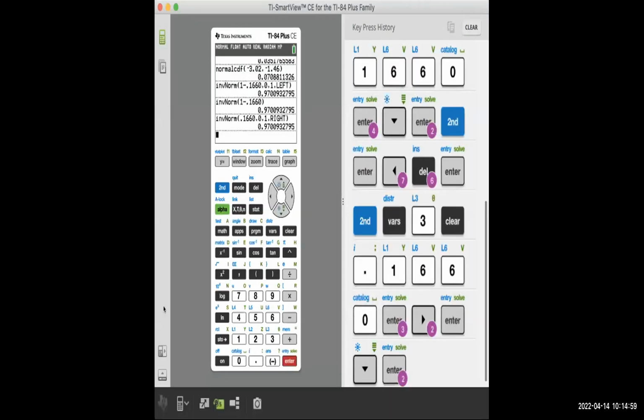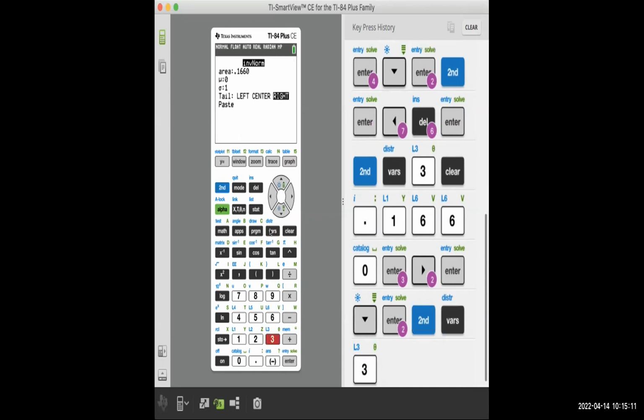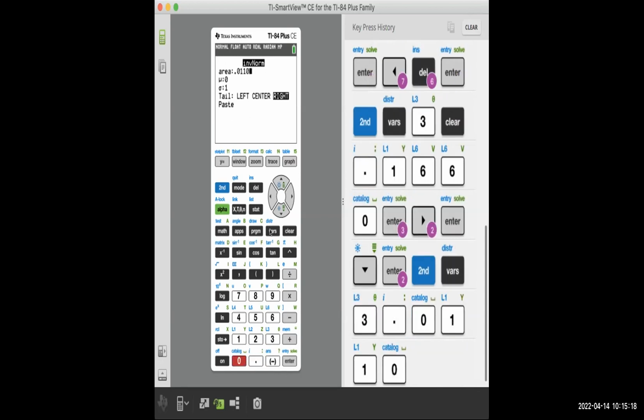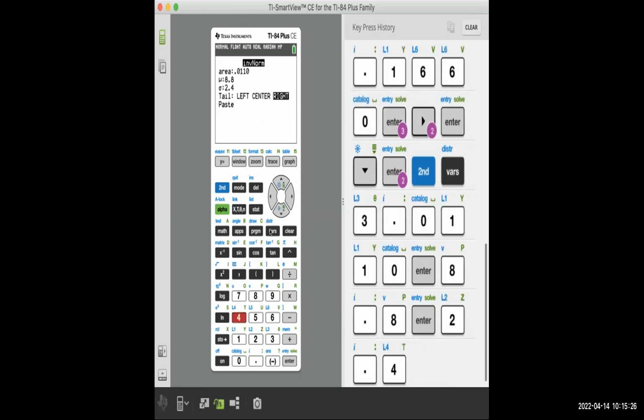Okay, so let me do the inverse norm. I guess I'll do both ways. Maybe I'll just do the inverse norm of 0.0110. The mean is 8.8 and the standard deviation was 2.4.